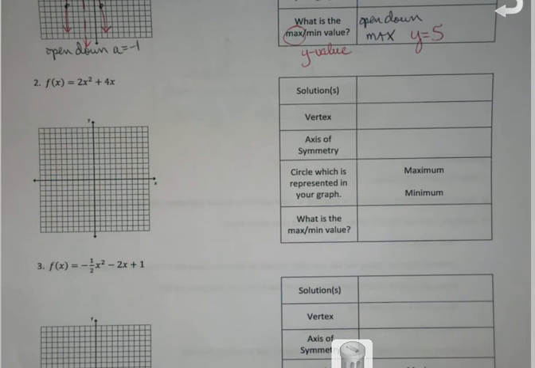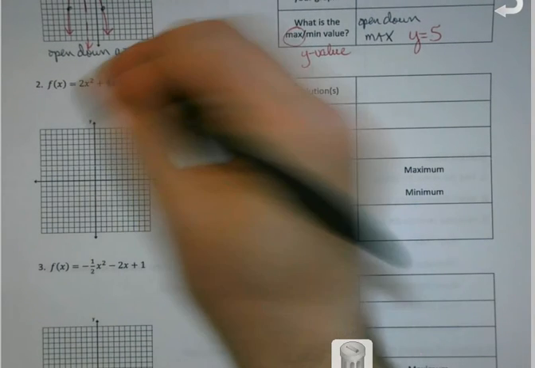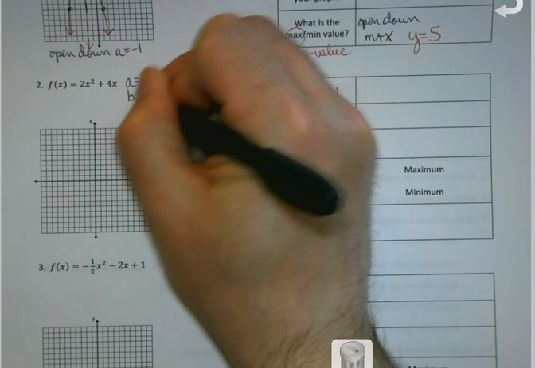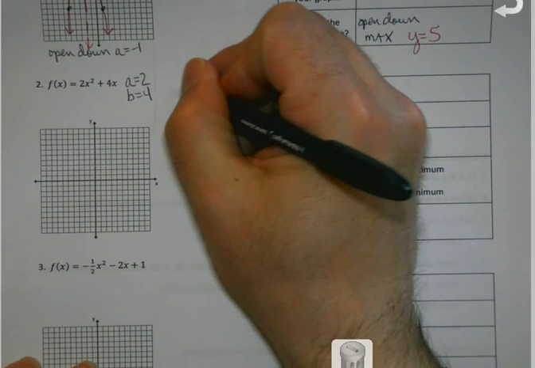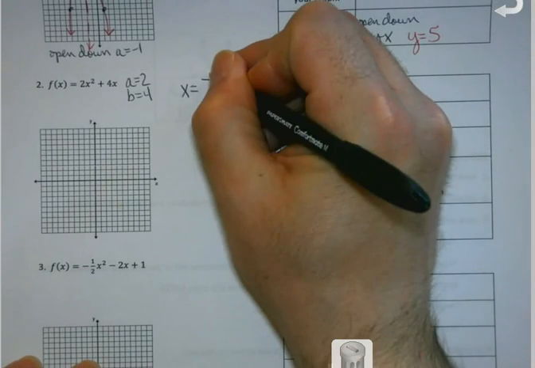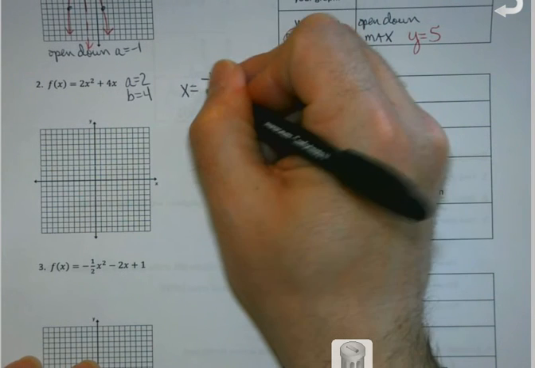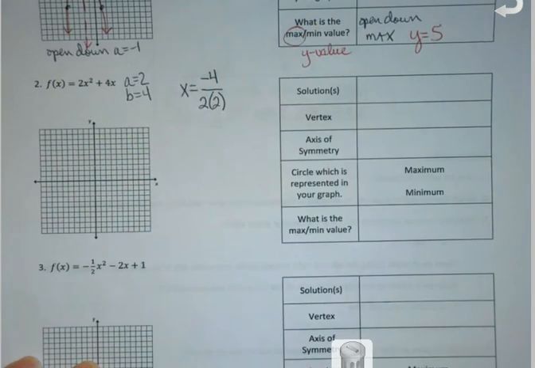So I look up at the next one, I'm like, okay. Got to start back from the beginning here. Now let's see, the beginning. Oh yeah, I need the vertex. So my a is 2, the number in front of x squared. The b is 4. Bless you. So I say, okay, my x is negative b over 2 times a.